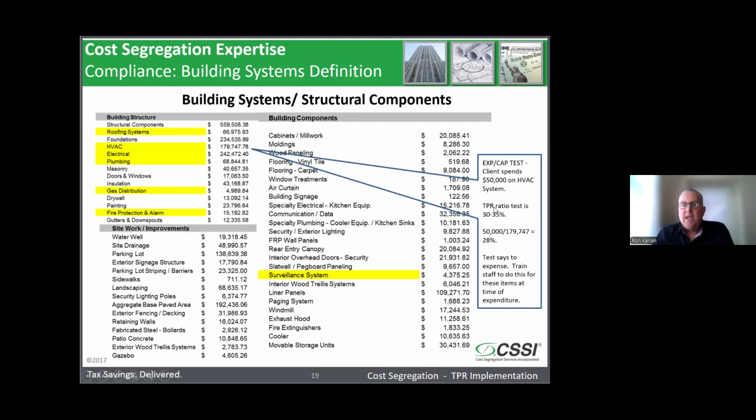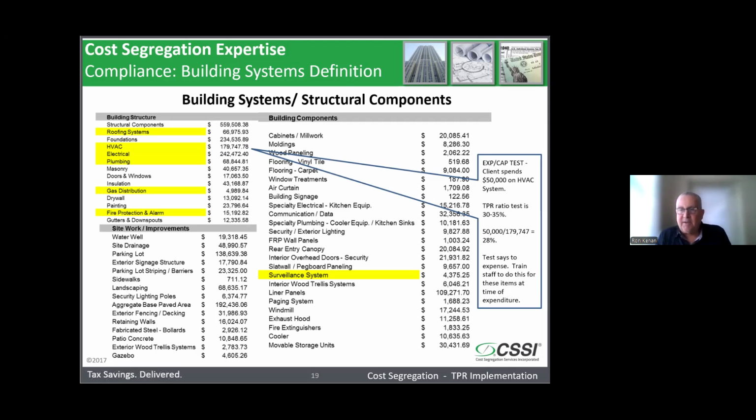If, for example, the HVAC system is valued at $179,000 and you spend $50,000 on it, the ratio is between 30 to 35%, meaning the simple rule is to say 33%.